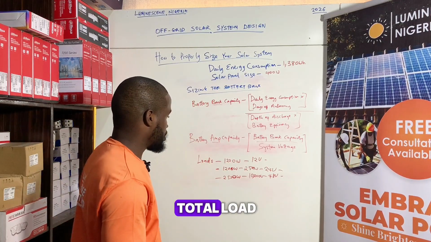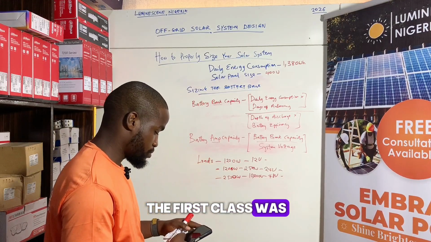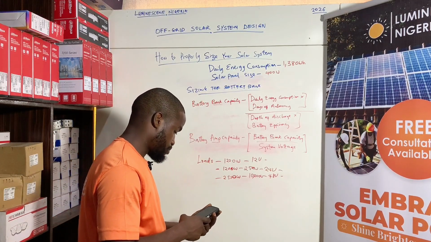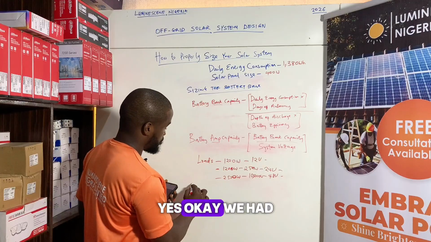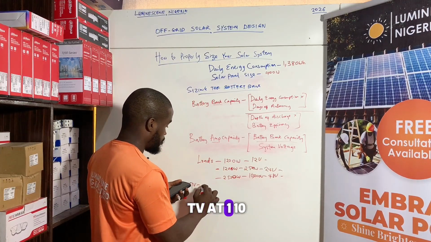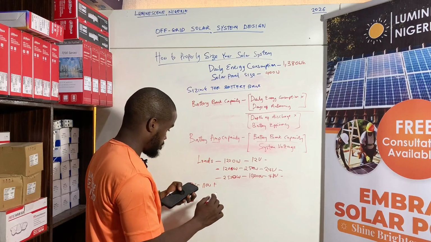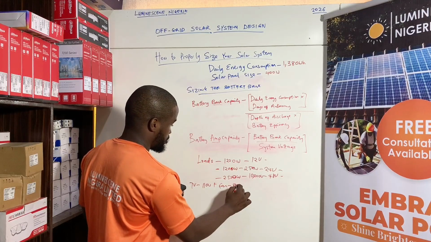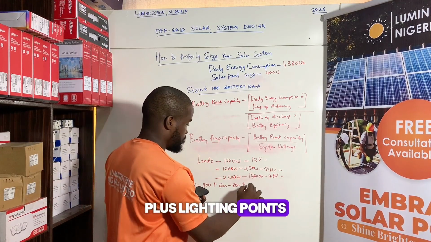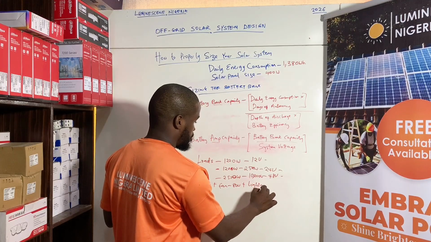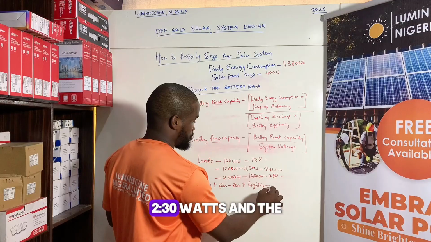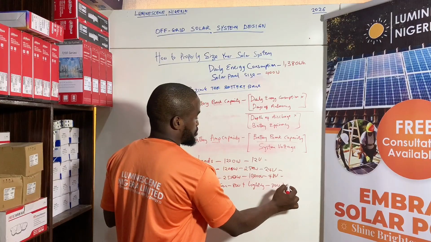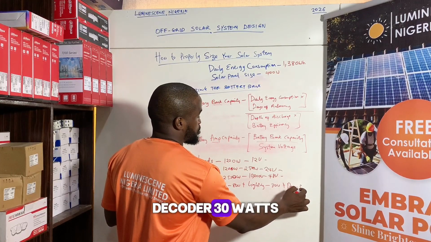In the first class, our load was a TV at 110 watts, plus a ceiling fan at 80 watts, plus lighting points at 15 watts times 2, 30 watts, plus a decoder at 30 watts.